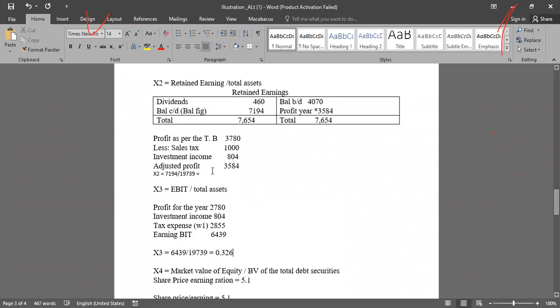So about this one, X2. So so far we've done X1, X2, X3, and X4. So we're going to look at now X5. Waiting for a figure there.